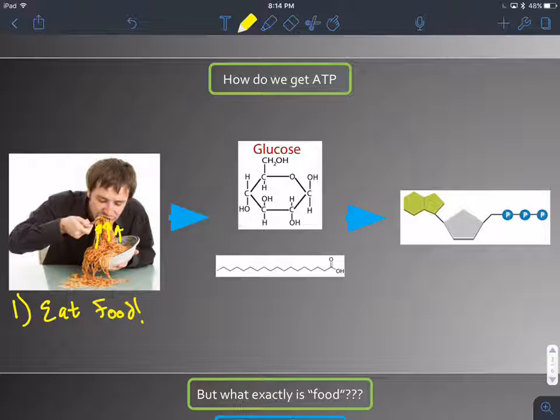And what's going to happen is that he's going to digest that food, okay? And once he digests that, our body is going to store it initially as either a carbohydrate or a fat.